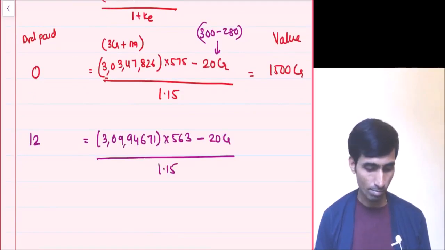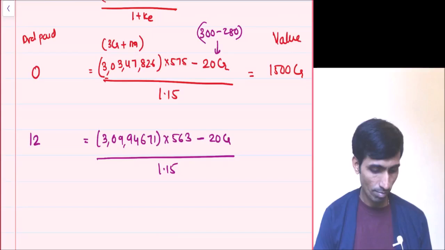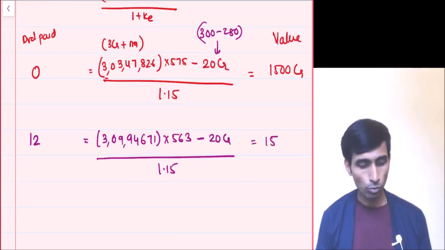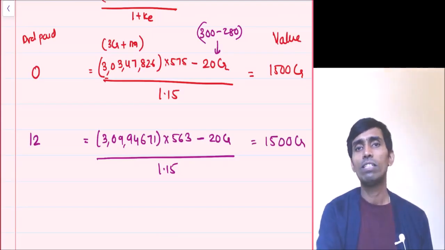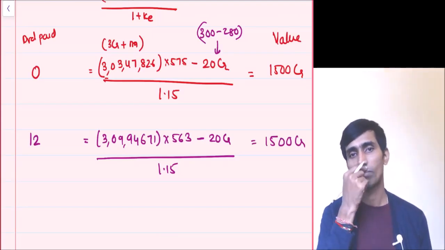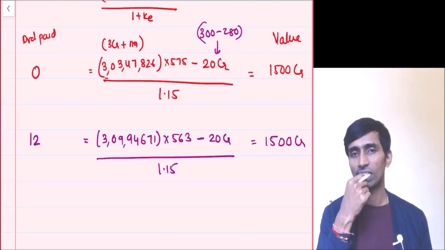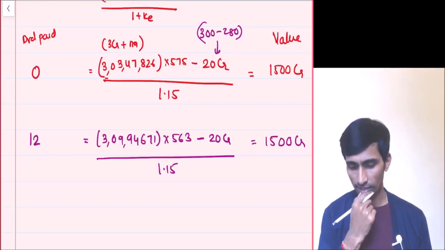Check. 1499 like that I'm getting. So it is 1500 crores. Okay, extra. Clear?